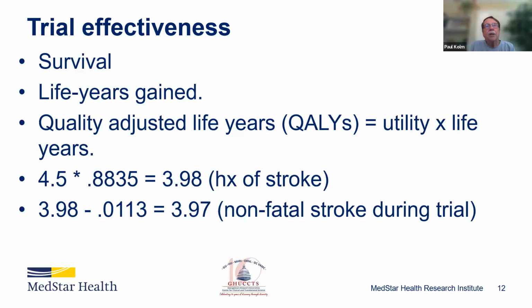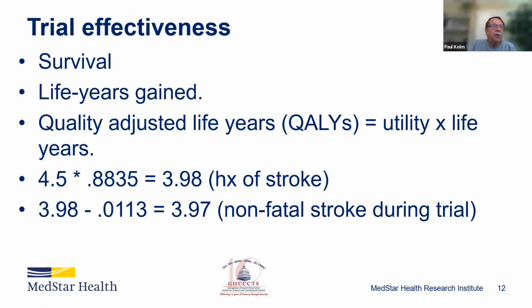And then to get quality adjusted life years, we just multiply the utility that they have times their life years. So obviously, if you have a utility of 1 and, say for example, your life years is 4.5, like I have an example here, then that's what your life years gained is going to be, is 4.5.